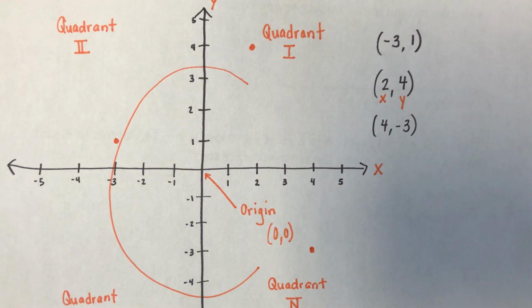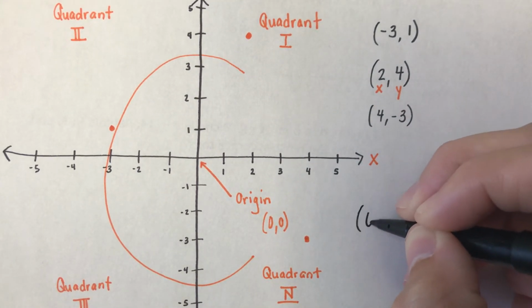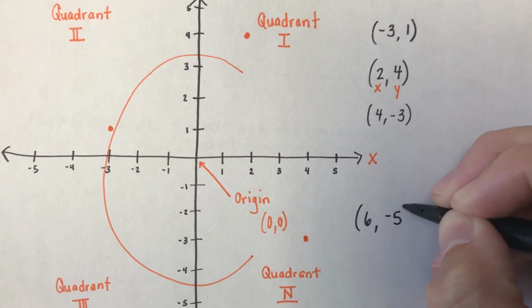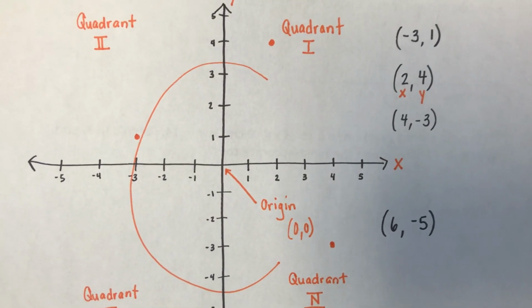Okay? So the type of question you might see on an EOG or on a test would be something like, given the point, let's say (6, -5), what quadrant would that put you in? All right, you can plot it if you want to. You certainly can. You know, if that's what's easiest for you, then you can do that.